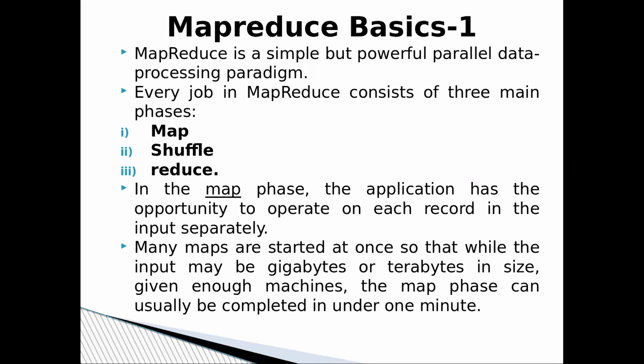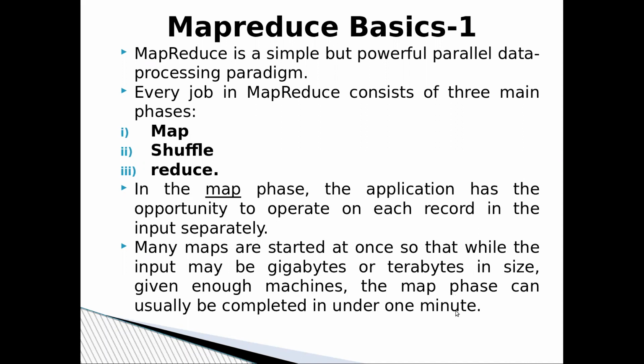Okay, so given the size of your file, many maps are started at once, so that while the input may be gigabytes or terabytes, okay, if we have a large number of machines, the map phase can usually be completed in under 1 minute. That's important. Okay, mappers are the thing which are going to operate on each record in your input separately.